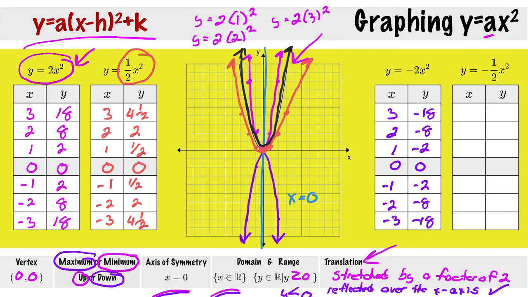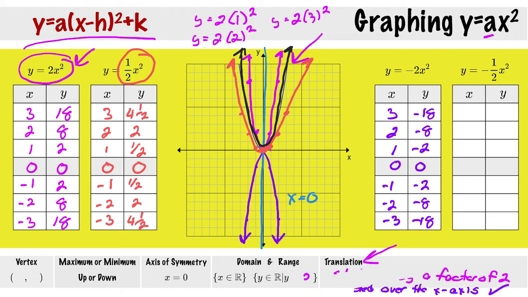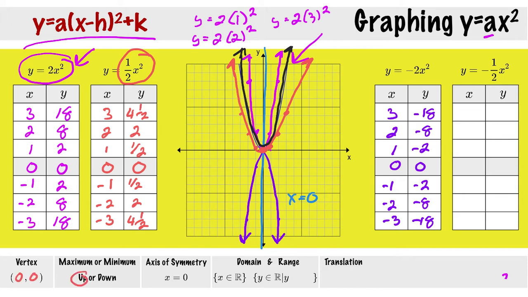And now if you're looking to describe the orange one, it's fairly close to the pink, only it's outside of the original. So we describe it slightly differently. The vertex is still 0, 0. It's opening up. Therefore, the vertex is the least, the minimum. Symmetry is the same. Y is greater than or equal to 0.